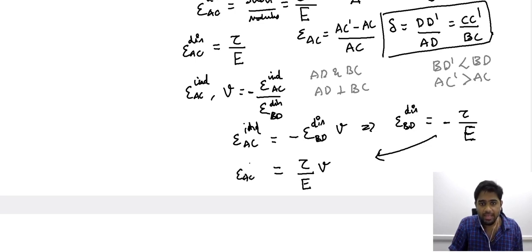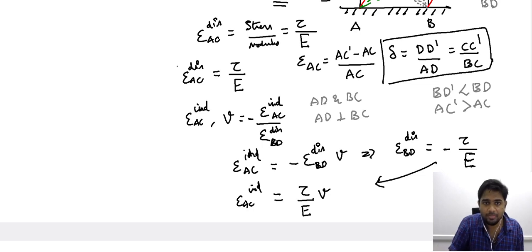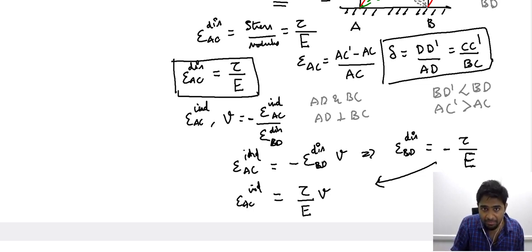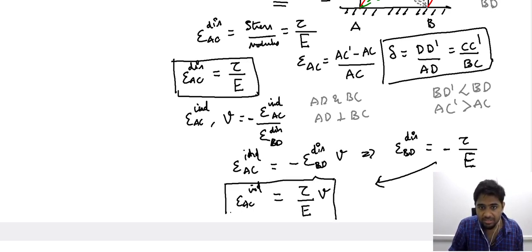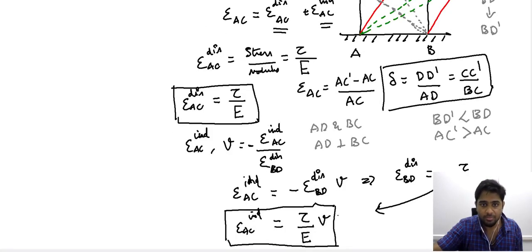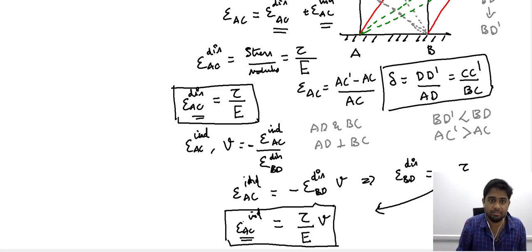So what we ultimately have is an expression for the direct strain along one of the elements that we have considered and the indirect strain along one of the elements that we have considered. So we have two expressions that relate the direct strain along the element that we have considered and the indirect strain along the element that we have considered.